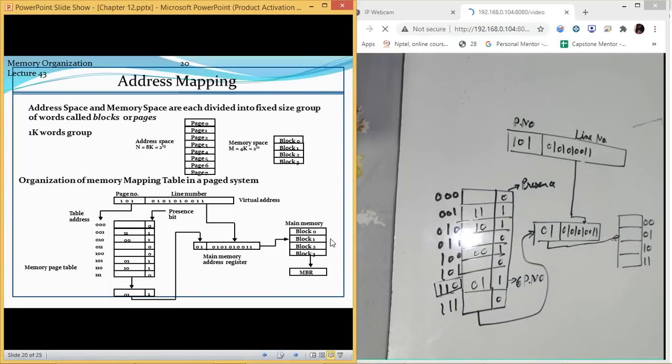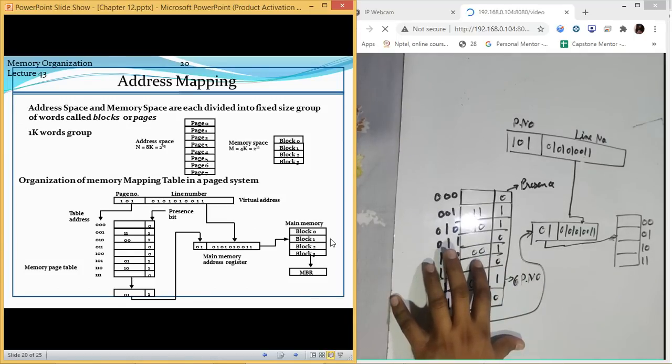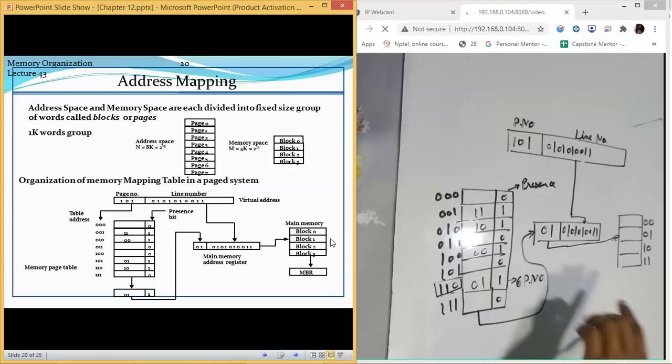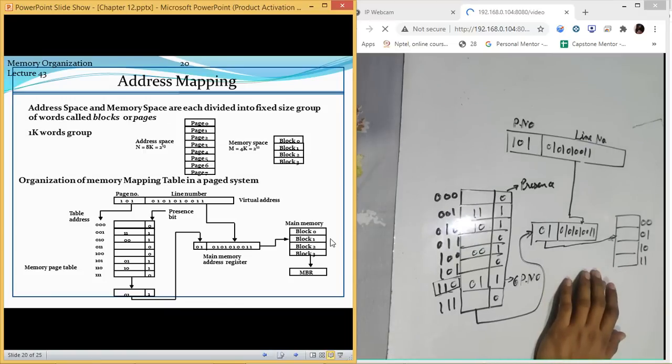So now by using the same number of bits, we are able to access the hard disk drive as well as your main memory. For main memory, we were requiring 12 bits, 2 raised to the power 12, and for the hard disk drive, we were requiring 13 bits.